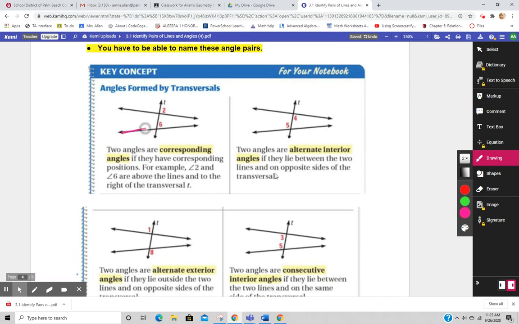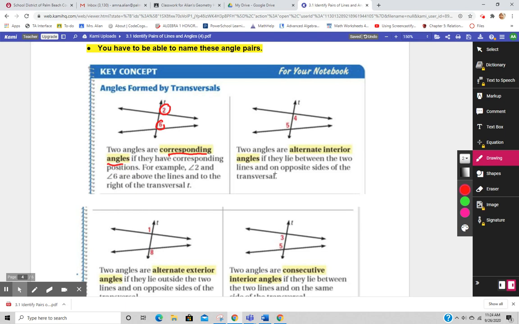So you have these lines, and they are cut by a transversal. They call it T in this case. When this happens, special angles are formed. These two angles in this position are called corresponding angles.